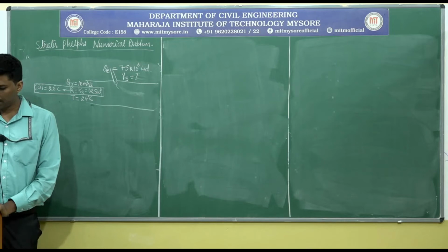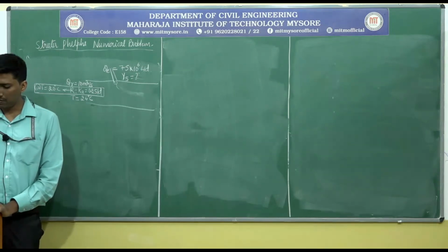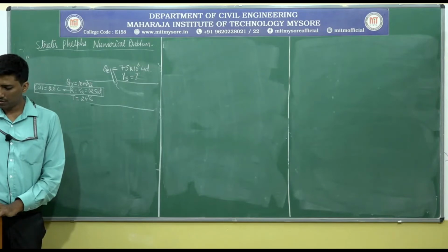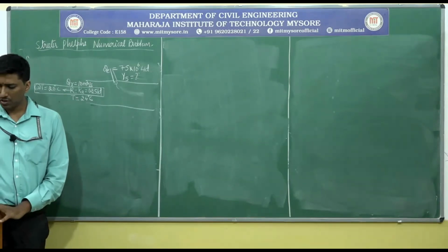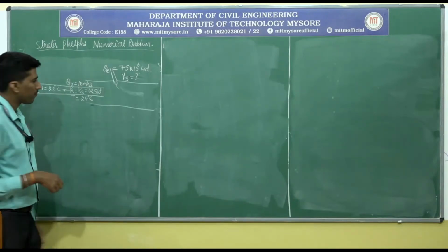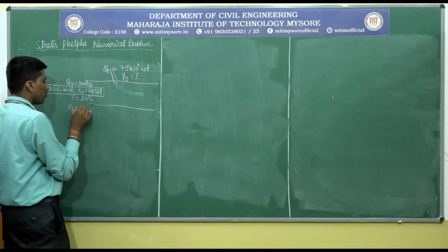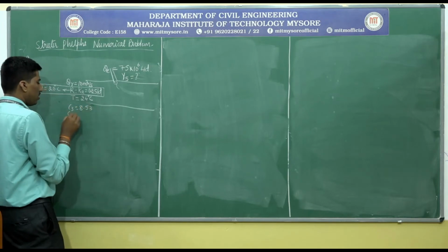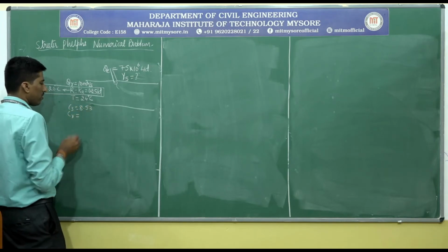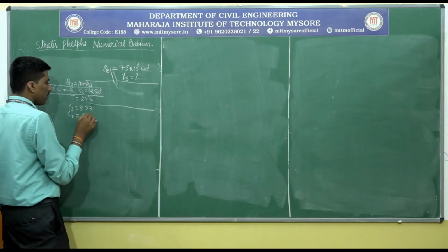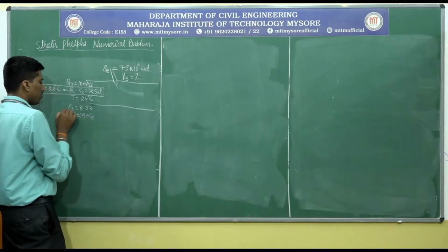Assume the water temperature is 24 and that the river is 95% saturated with oxygen. Given the saturation oxygen concentration CS is 8.53, the dissolved oxygen concentration of the river is 0.95 of the CS.